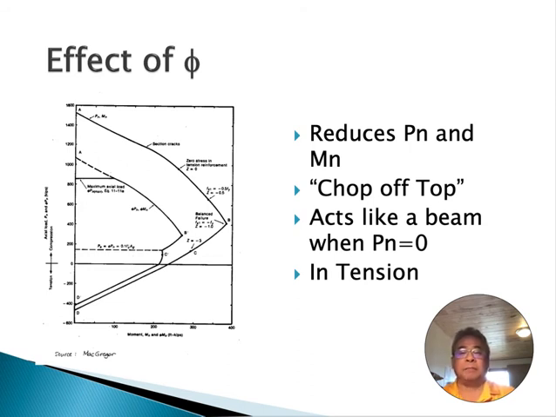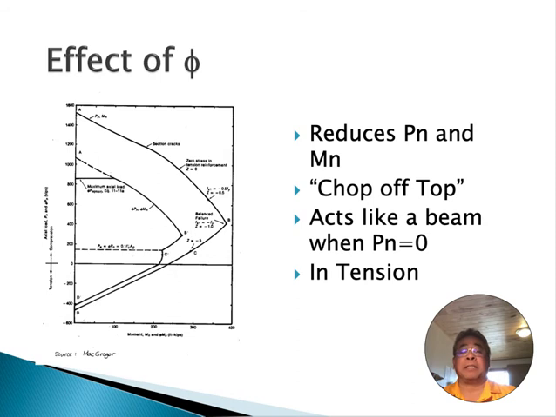And we sort of glossed over it, but if you are in between tension and compression controlled, and it had to do with the strain in the steel, there was a linear slide from 0.9 to 0.65 or 0.9 to 0.75. This is where that finally comes in, and this is probably in the spreadsheet one of the more complicated things to do.